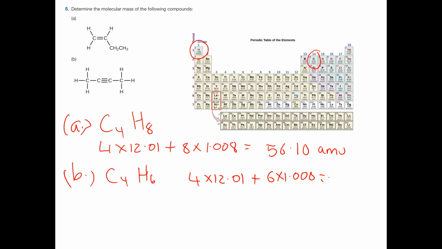Let's see what we get. And they got 54.09. And we always want to make sure we get units. Okay, and it looks like OpenStax agrees with me. They want 1 decimal place further, but that's fine.